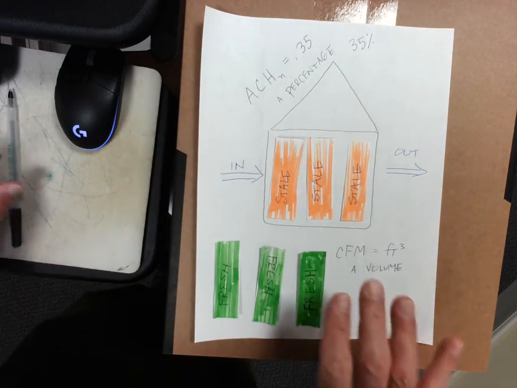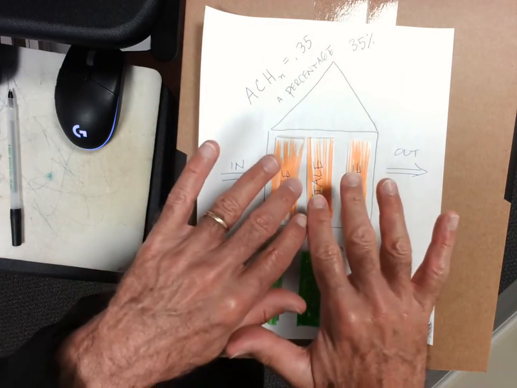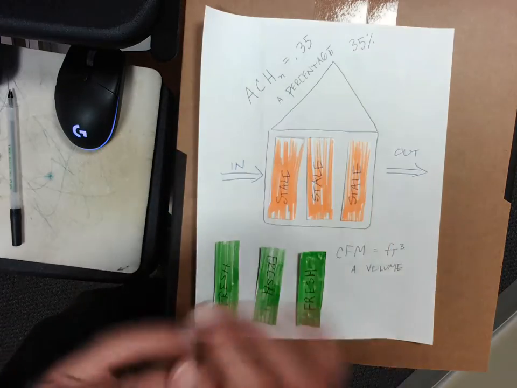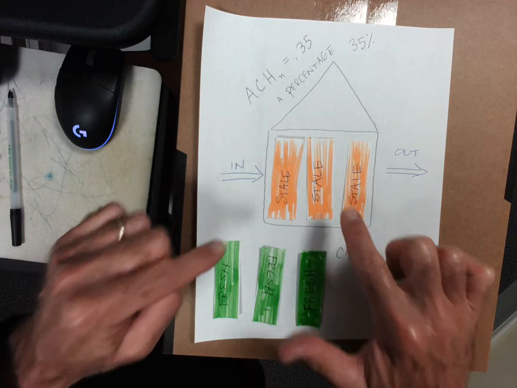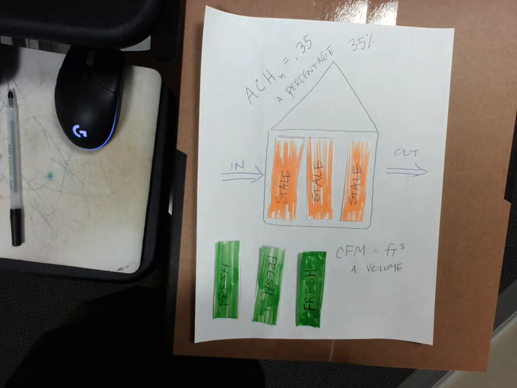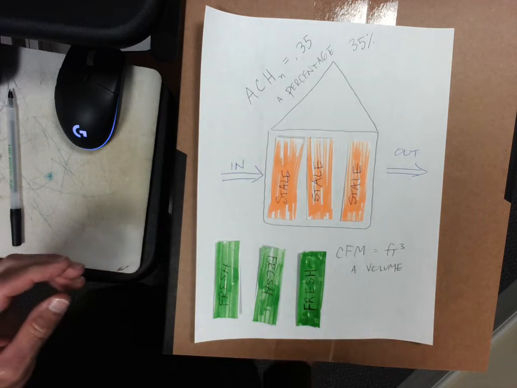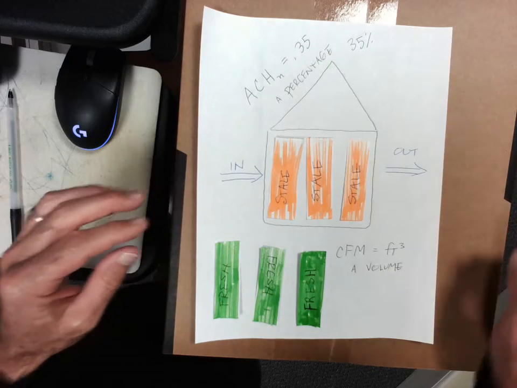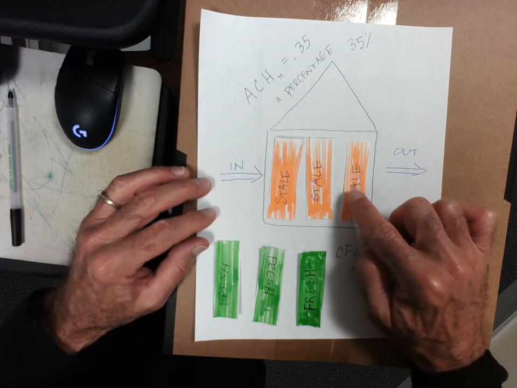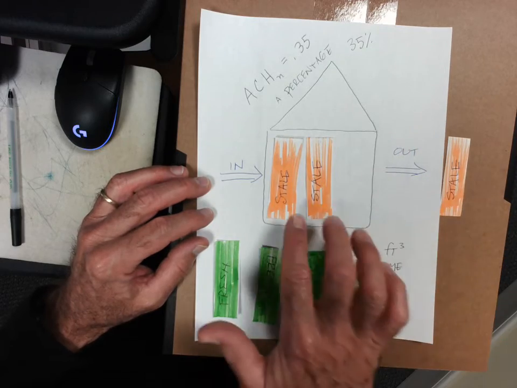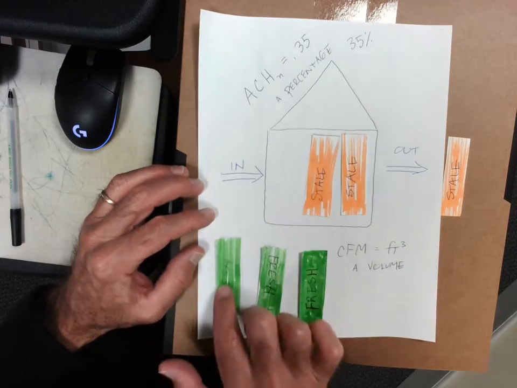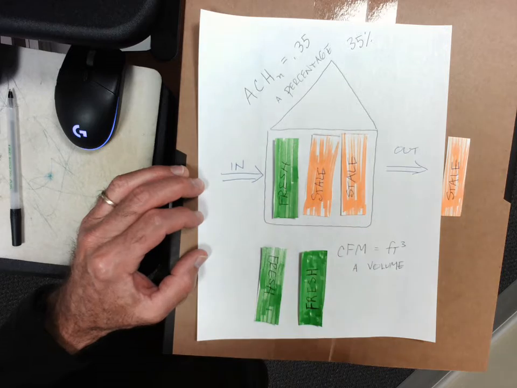So just to visualize it, let's pretend that we could divide our air up into, these are 33% because I got 3, but roughly 35% chunks in a house. So if we have an air change per hour of 0.35, that means every hour we're moving out 35% of the bad air, and we're replacing that with fresh air.